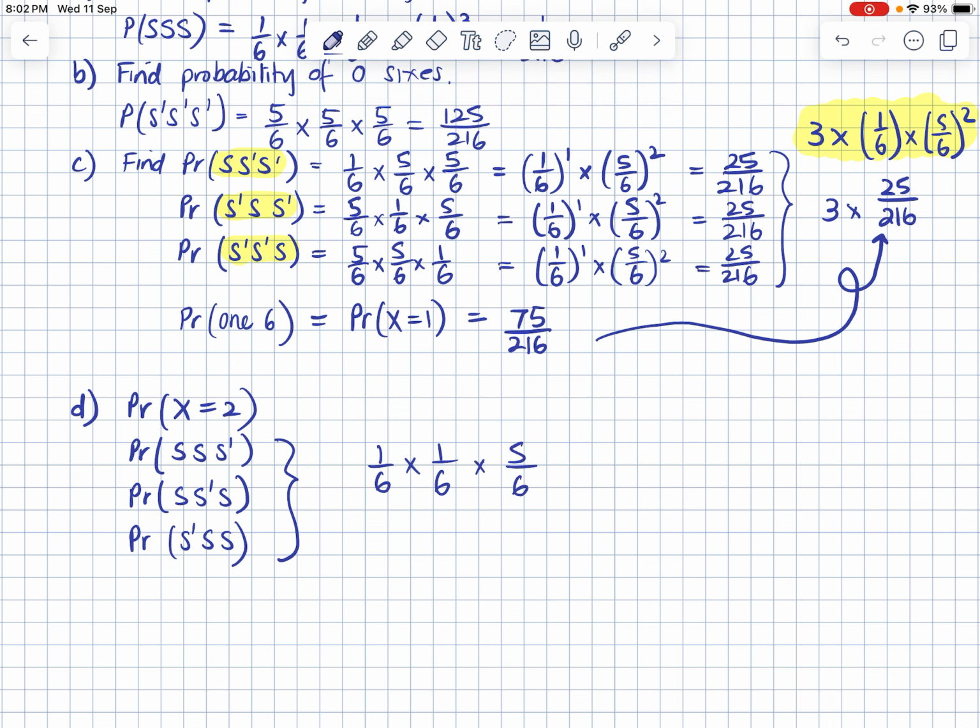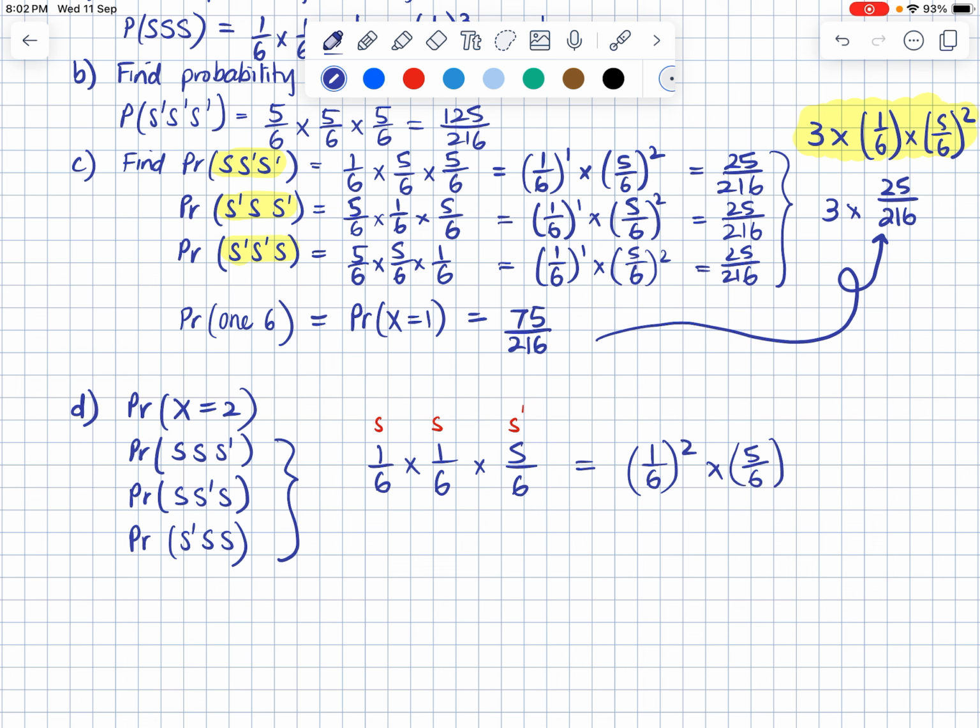Because these ones here, that's when I get a 6, this is when I get not 6. And if I change the order, it's going to be exactly the same. So, index notation, 1/6 squared times 5/6.